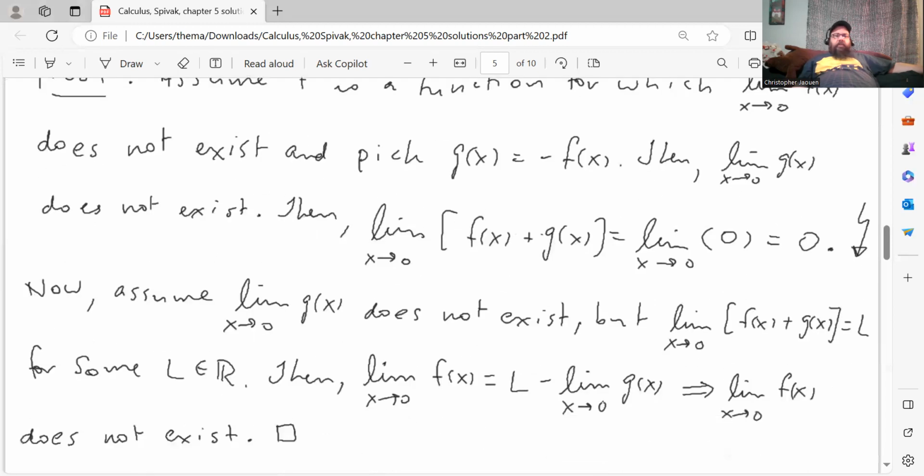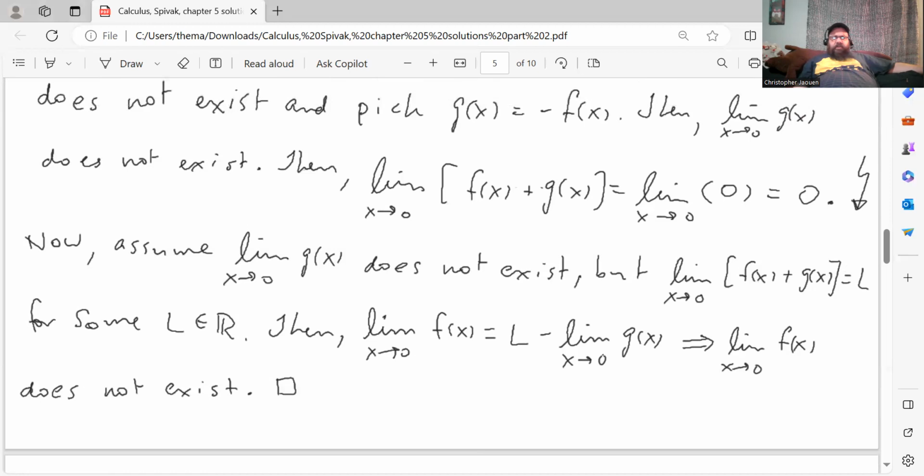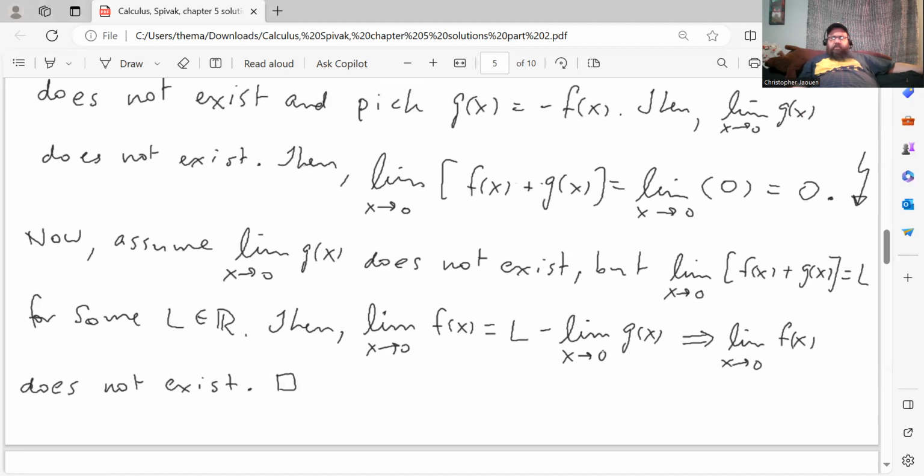All right, and now doing the opposite direction, I did this one with contrapositive. Did I do this with contradiction as well? No, this is contrapositive, because I'm assuming the negation of the first part.